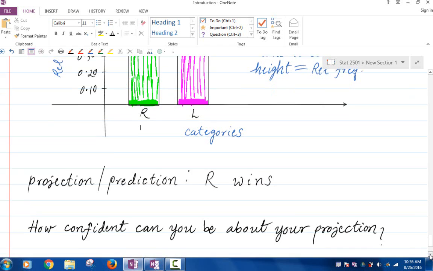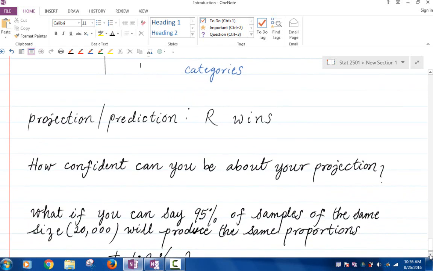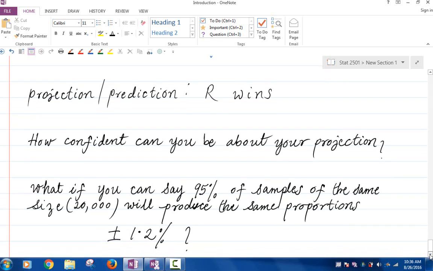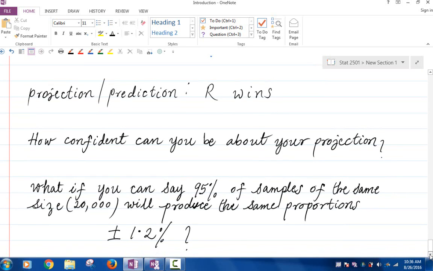So what you have to do is then, how confident can you be about your projection? So let's say that you can say that 95% of the samples of the same size, 20,000, will produce the same proportion up to an error of 1.2%. Are you understanding that statement?